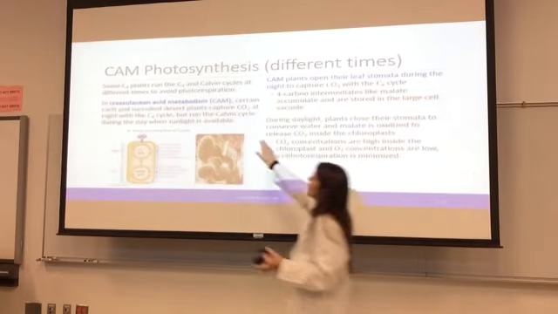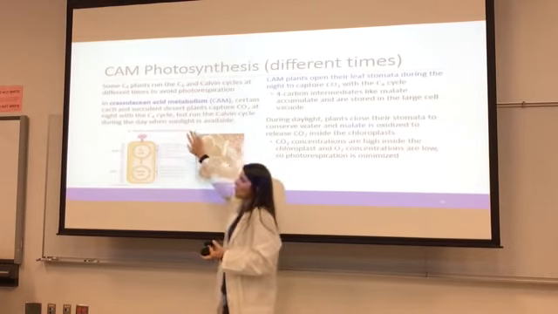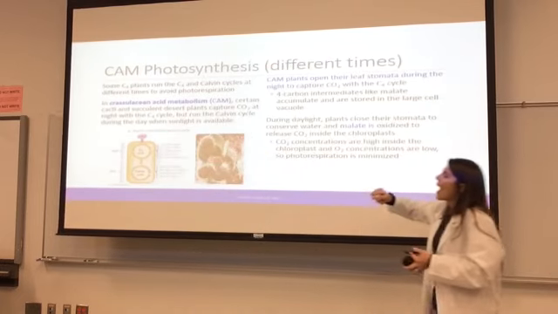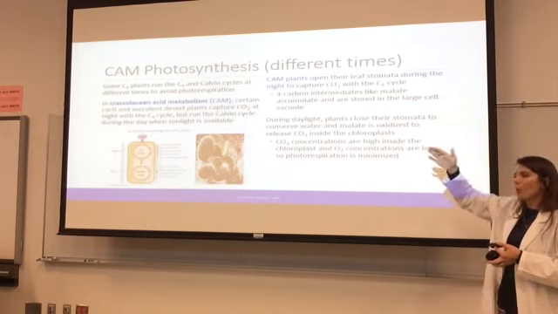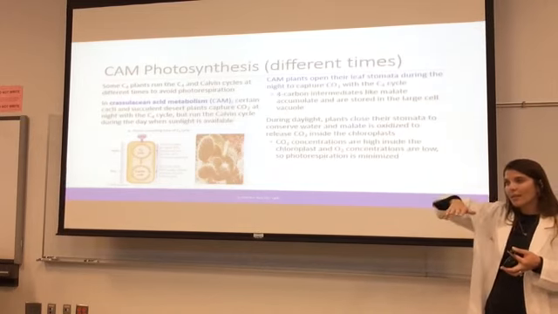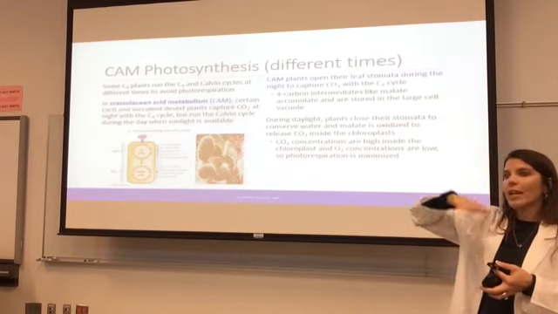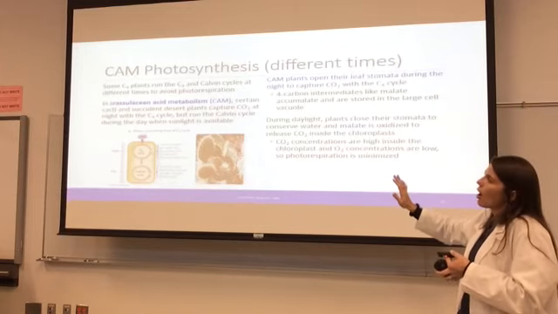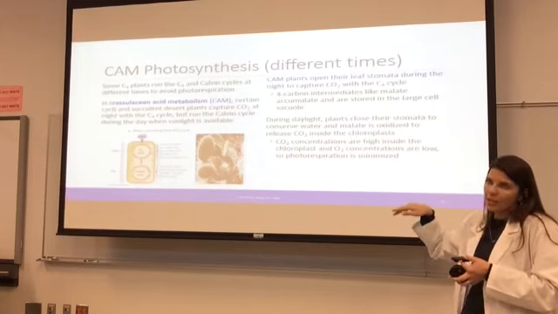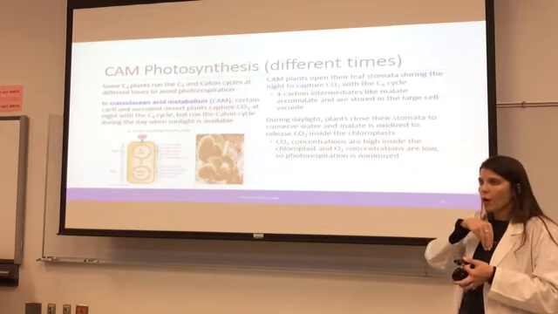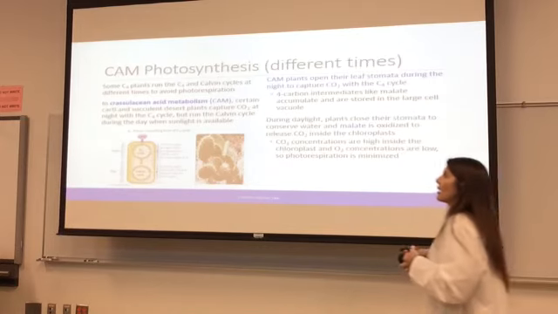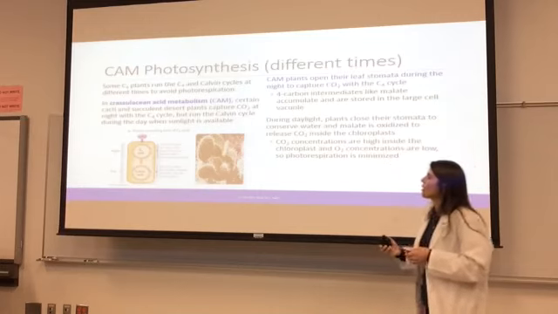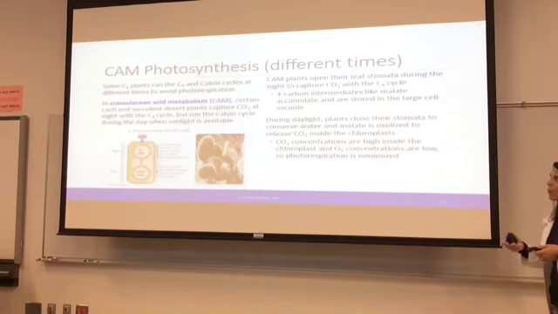I put on this slide what CAM stands for, Chloroplast acid metabolism. And these carry out part of their cycle at night, and then the other part during the day, so they do it during different times. Again, both of these are adaptations that plants have evolved so that they could avoid photorespiration, so that they could continue to carry out photosynthesis using carbon dioxide instead of oxygen.